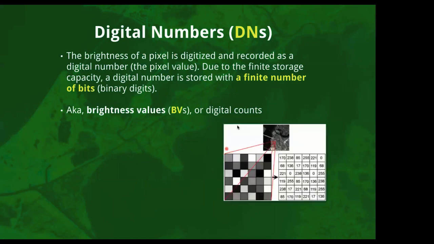Also, the idea is that they work together. Sensors usually have a limited storage capacity, so depending on how much they offer, they give you a fixed number of bits to record your data in. Depending on the radiometric resolution, higher or lower, you record different levels of brightness values.